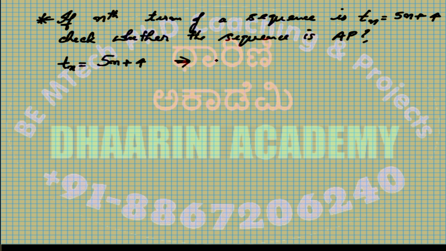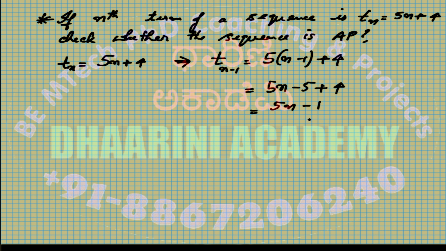So Tn minus 1 is 5 times n minus 1 plus 4, which simplifies to 5n minus 5 plus 4. So Tn minus 1 is 5n minus 1.